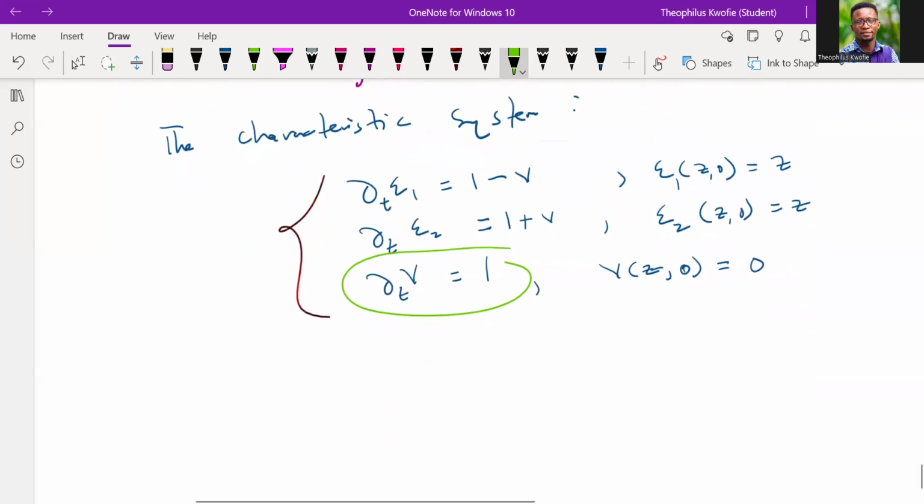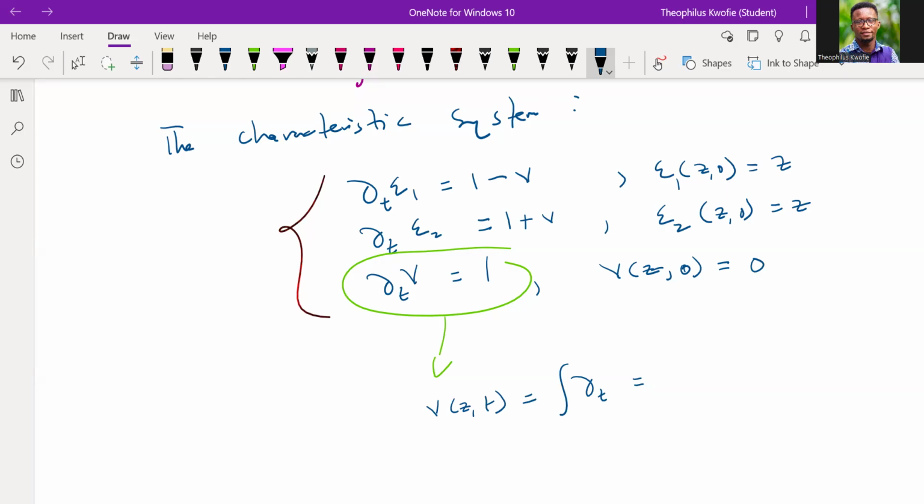On that note, we're going to have v of t equal to the integral of the partial in t. We want to solve this particular integral, and that gives us what?